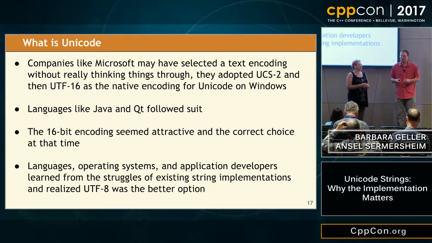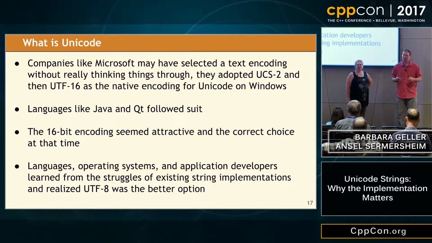At a certain point, they discovered that all of the symbols used in all of the world's writing systems throughout all of space and time are not going to fit in 16 bits. So they had to grow the code point size, and this removed a lot of the advantages of a 16-bit encoding. Most languages and operating systems that have come more recently to support Unicode have used UTF-8, both for backwards compatibility reasons and also for the quality of implementation it allows.